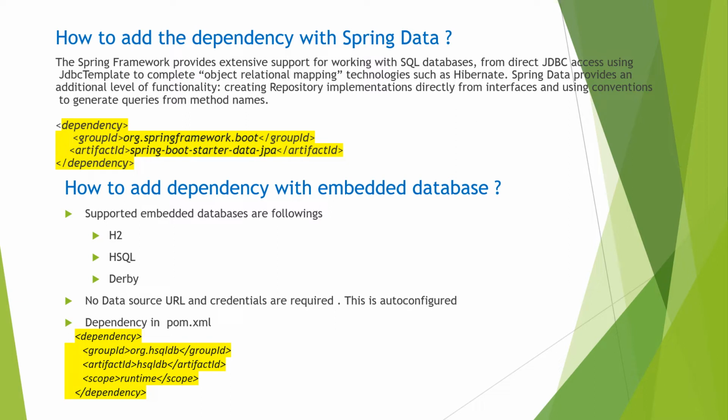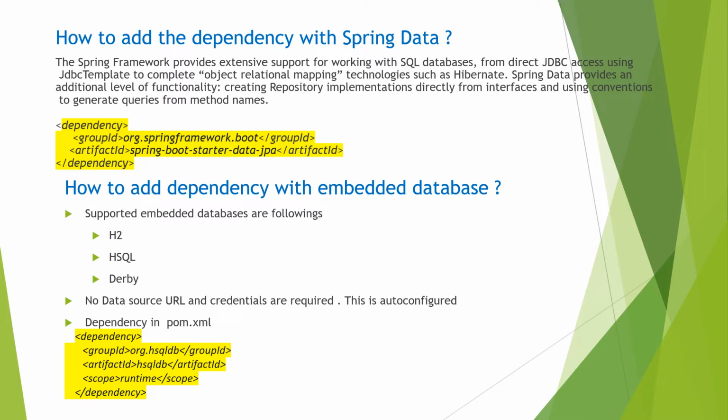It means we have to develop our repository interface and provide the method name, and based on the method name, Spring Data will derive the corresponding query and interact with the database. So from a developer's point of view, this is another layer of abstraction on ORM.